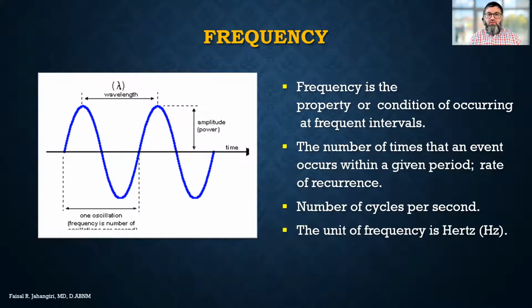Depending on the signal, a sinusoidal signal or any signal which is occurring, the number of times it occurs in 1 second is known as frequency. If the signal is occurring twice per second, it's at 2 hertz, and the unit is hertz. If a signal is occurring at the rate of 10 times per second, it will be 10 hertz. 100 times will be 100 hertz.